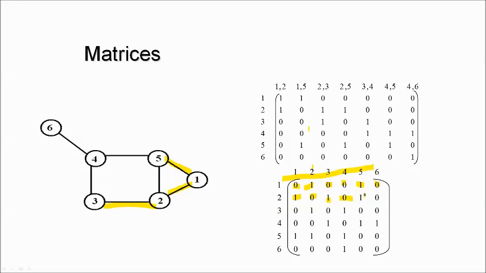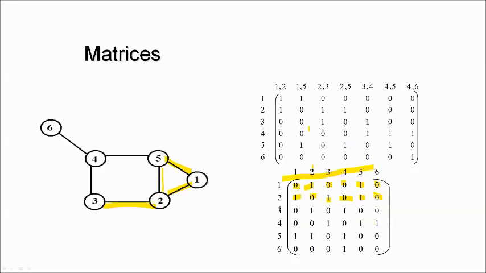Next, vertex 2 going to vertex 5. Do we have an edge? Yes, so we're going to put 1. From vertex 2 going to vertex 6, any edge? None. We're going to put 0.